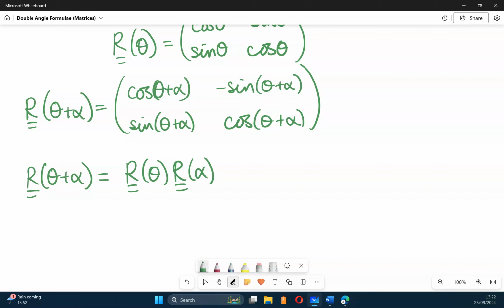Because if I wanted to rotate by theta plus alpha, I could firstly rotate by alpha and then rotate by theta, or I could rotate by theta and then by alpha. So this should also hold, because we know that if we rotate by a certain angle, we could just break that down into smaller rotations. So R of theta plus alpha is equal to these two expressions.